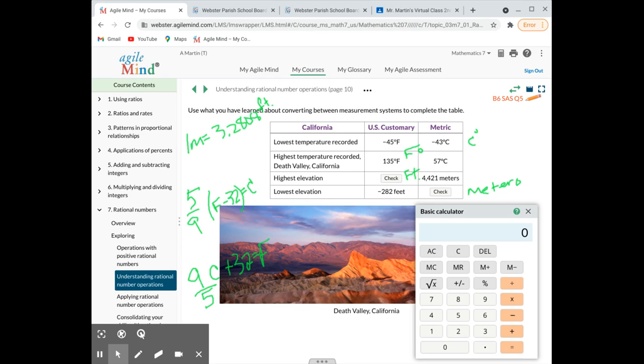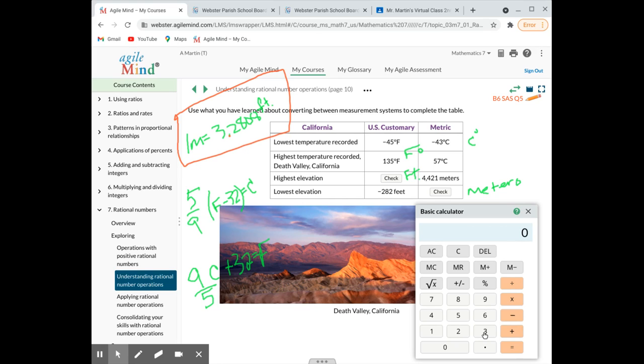What am I multiplying? What are my meters? 4,421 times 3.2808.